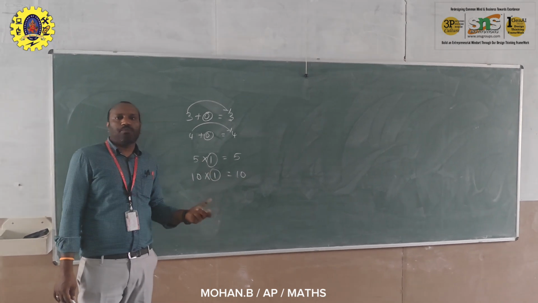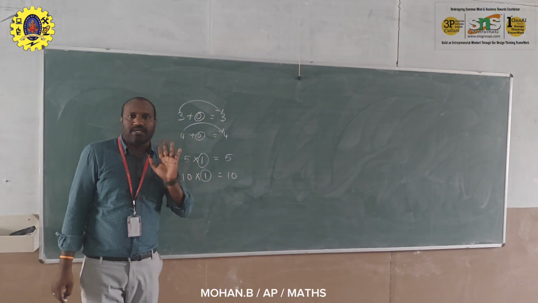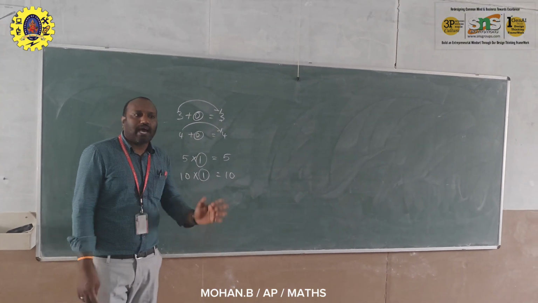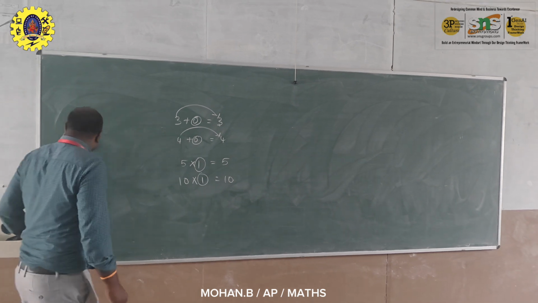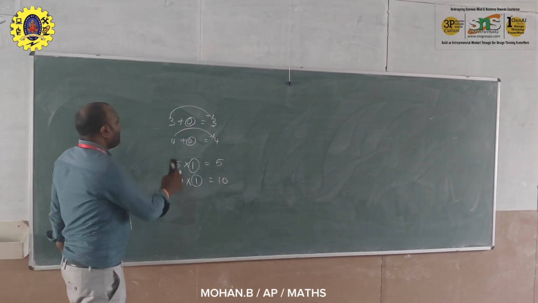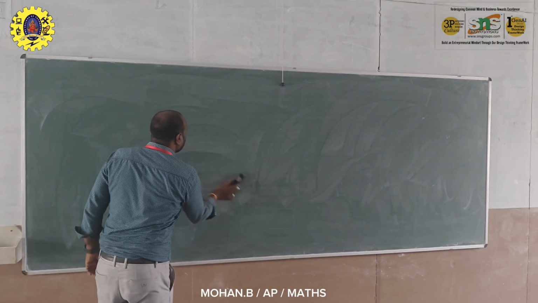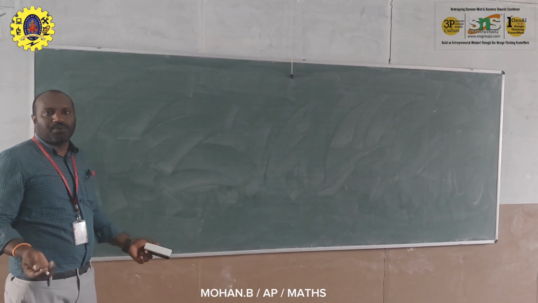Now we have to prove that the identity element is always unique. Let me see how the identity element is always unique. Let us take E1 and E2.